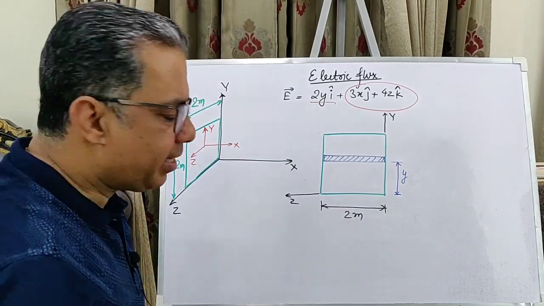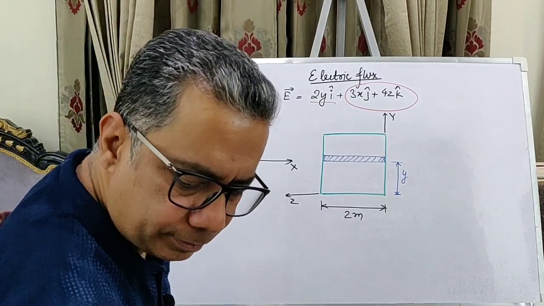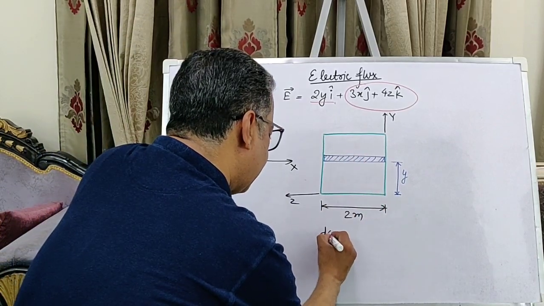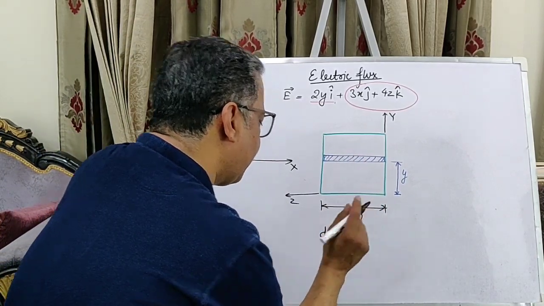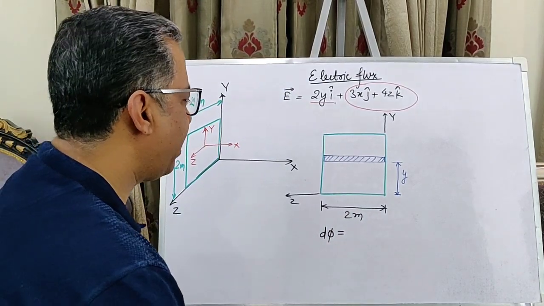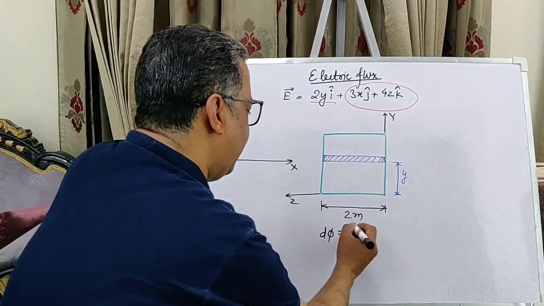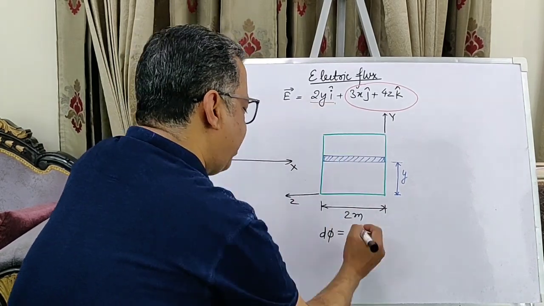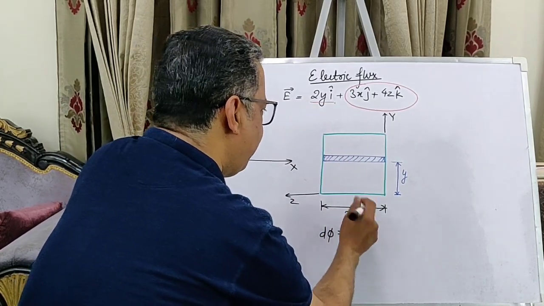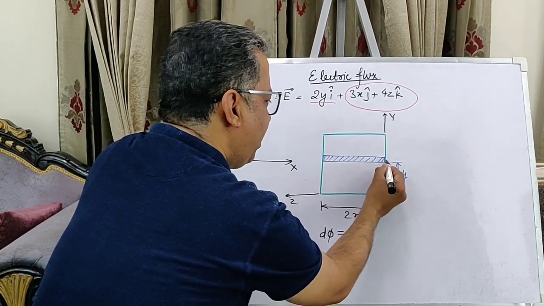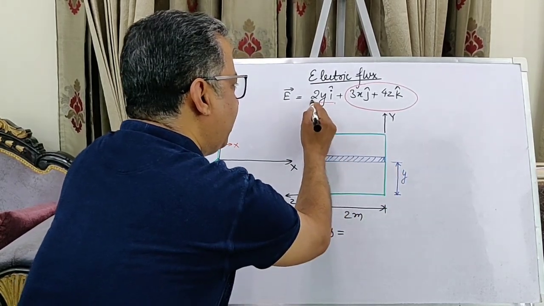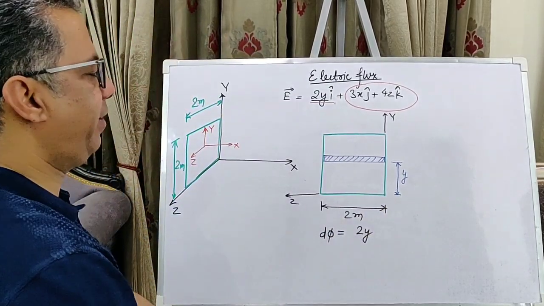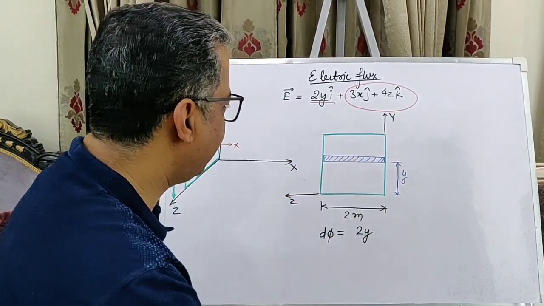Now the flux d phi through this particular area element is going to be the magnitude of the electric field throughout this element. Now since y has the same value, we can use one single value of the electric field here, that's 2y.